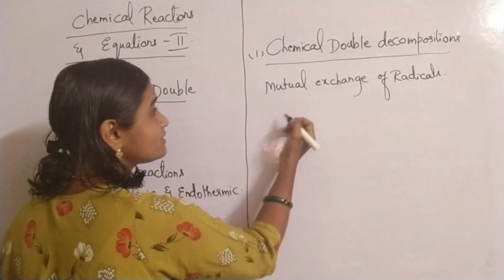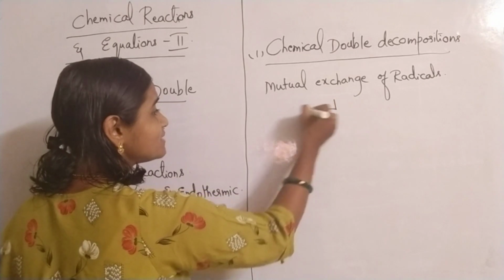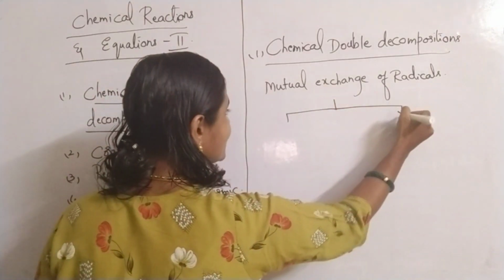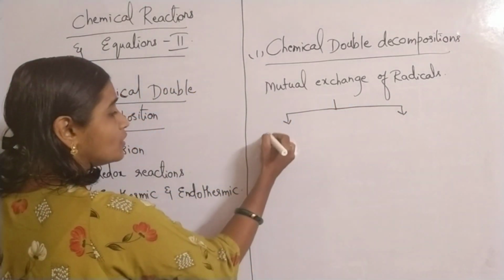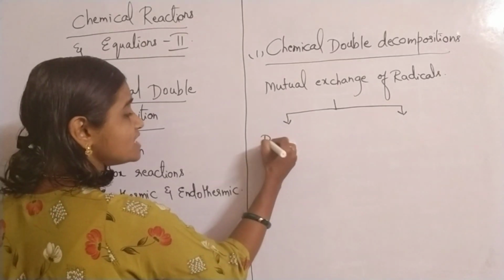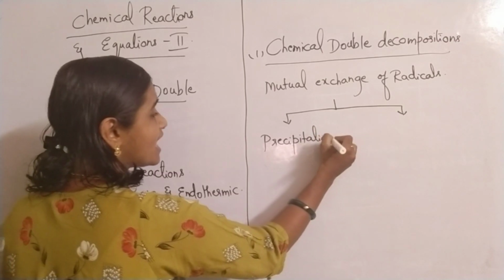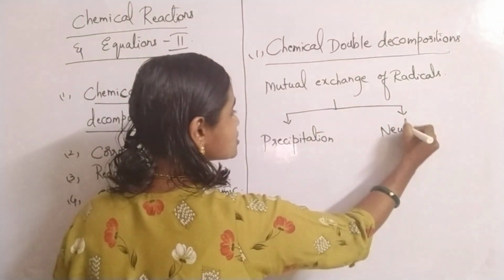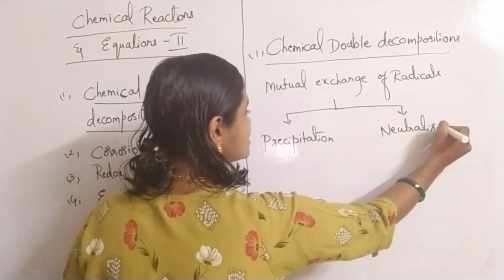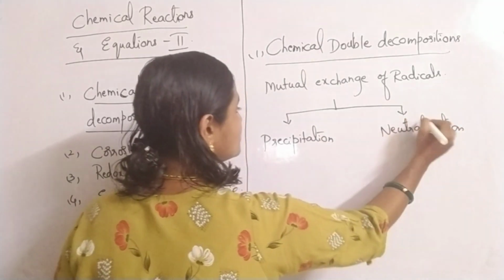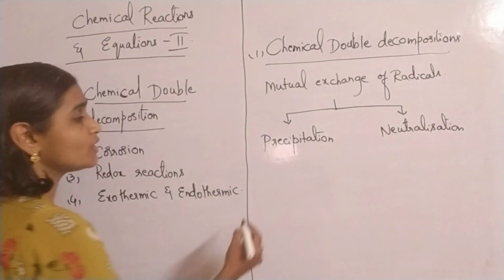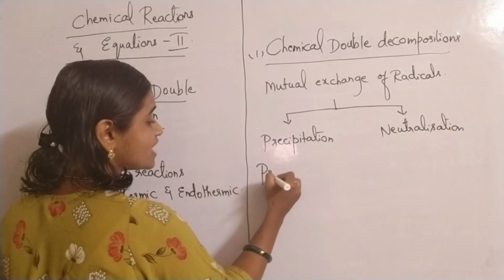These chemical double decomposition reactions are again classified into two types: precipitation reactions and neutralization reactions. What are precipitation reactions?